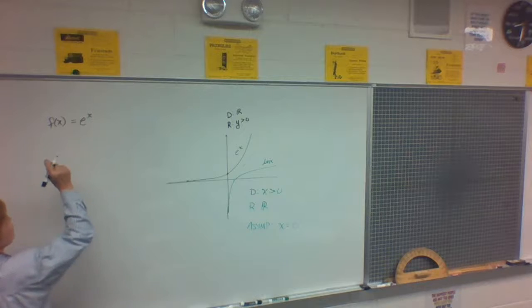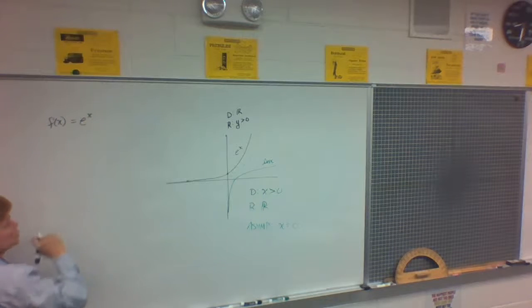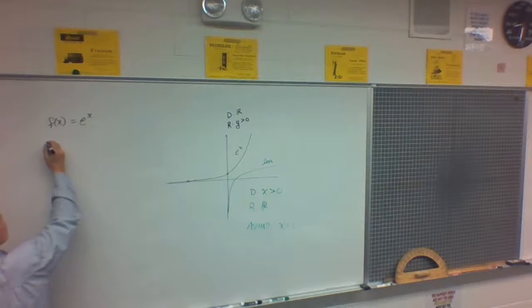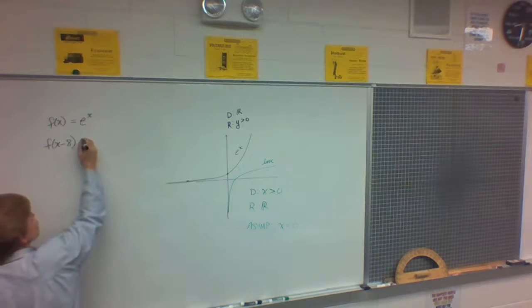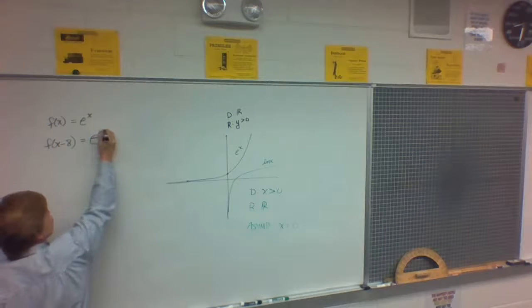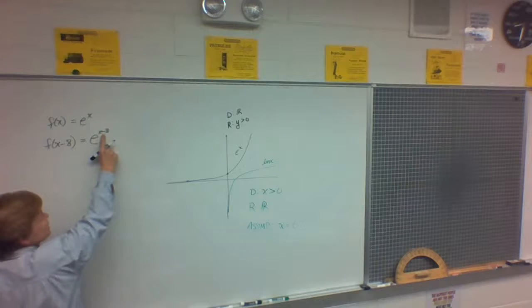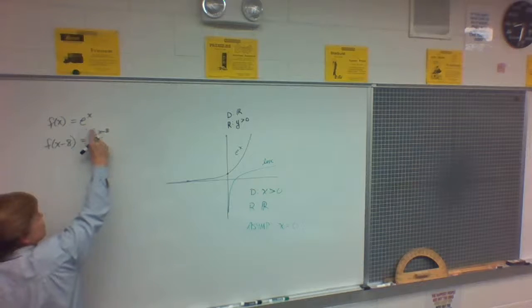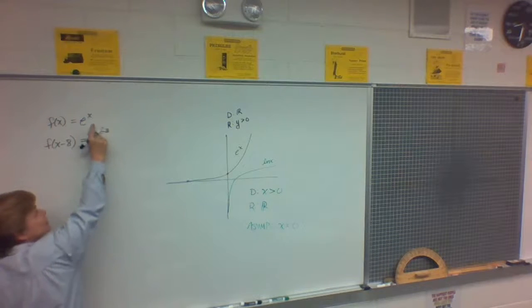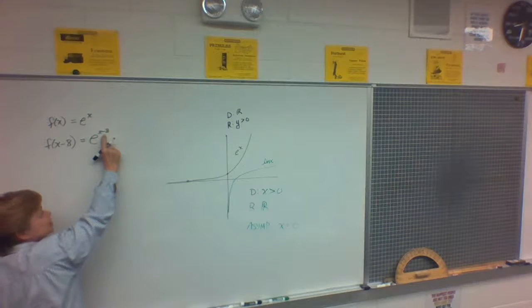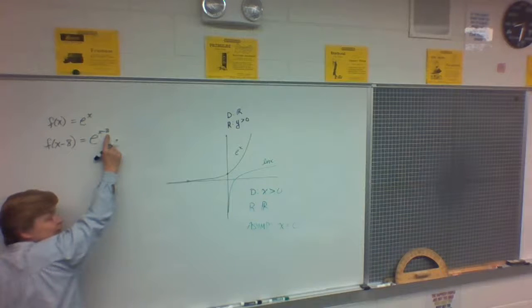So if I want to move this function to the right 8, then I want to do this to it, right? As you said, as we started out, that means replace the x with this. So you should be able to recognize that, from the parent e to the x, as being a shift to the right 8, because it's in the exponent. This is where x gets replaced with x minus 8, and that is going to be a shift right or left.